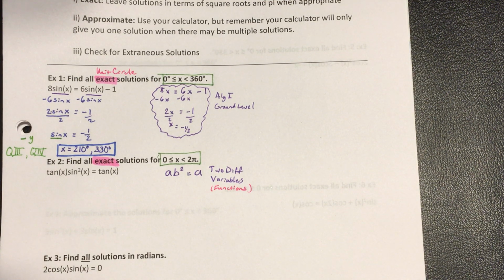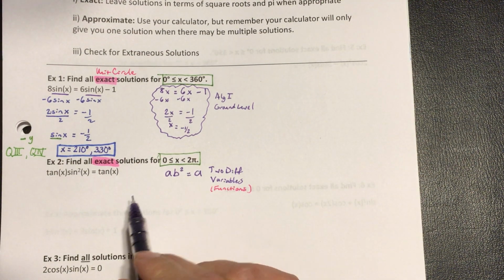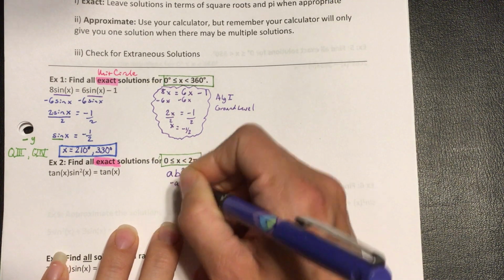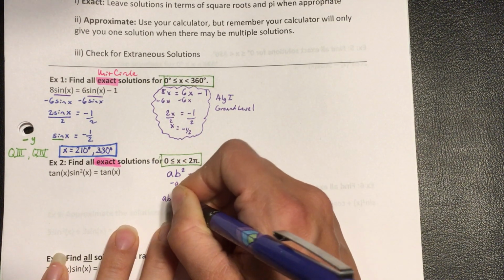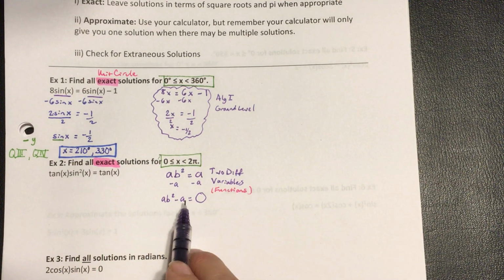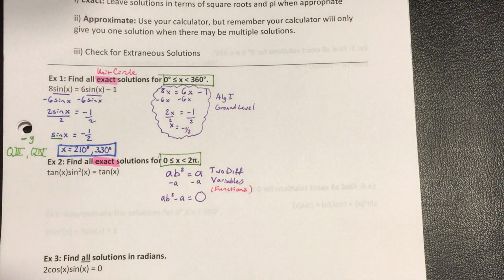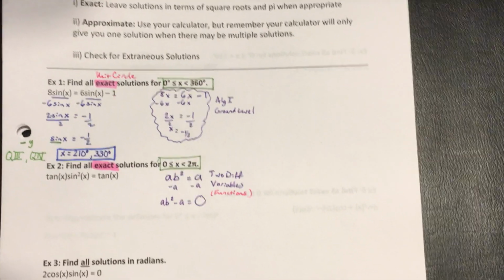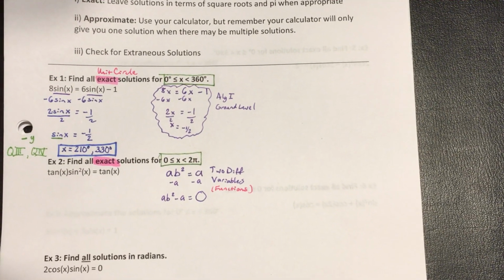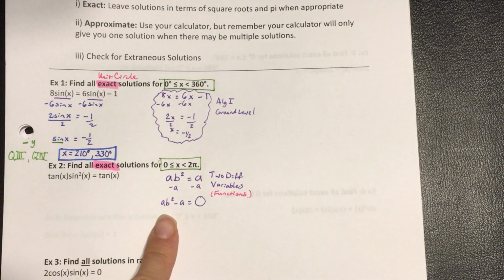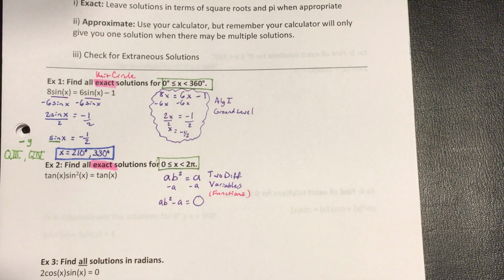So first, when I have two different variables, if we try to get them to be on the same side, for example, if I subtract a, we would get ab squared minus a equals 0. So can I actually subtract a from ab squared? Nope, because they are not like terms. So what can we do to isolate these variables if I can't combine them as like terms?